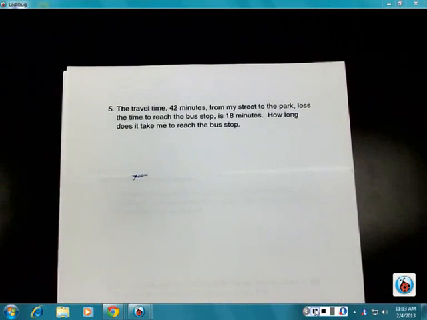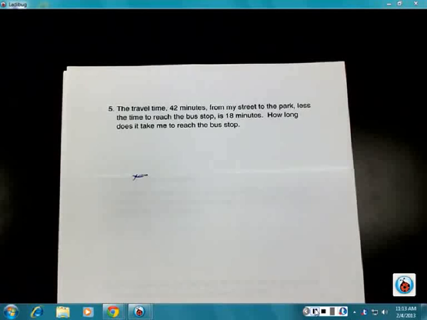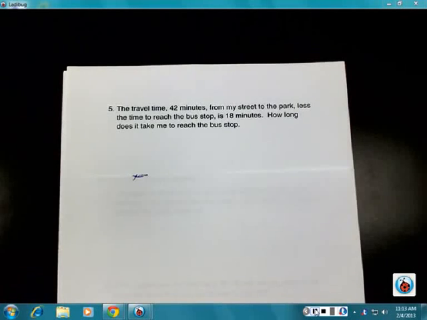The travel time, 42 minutes, from my street to the park, less the time to reach the bus stop, is 18 minutes. How long does it take me to reach the bus stop? So 42 equals... from my street to the park, less the time to reach the bus stop is 18 minutes.